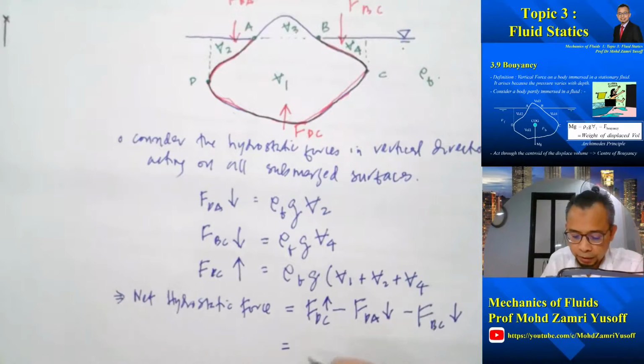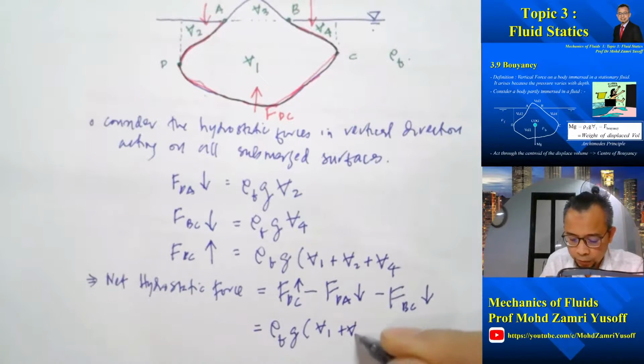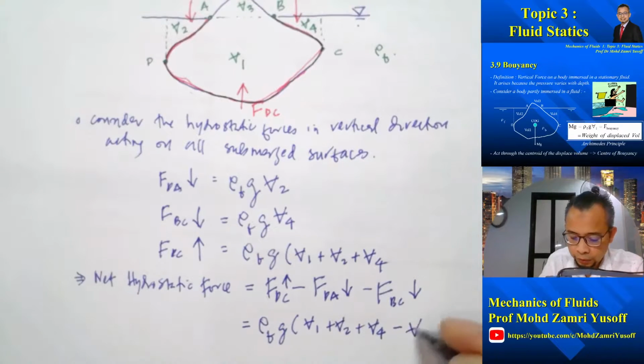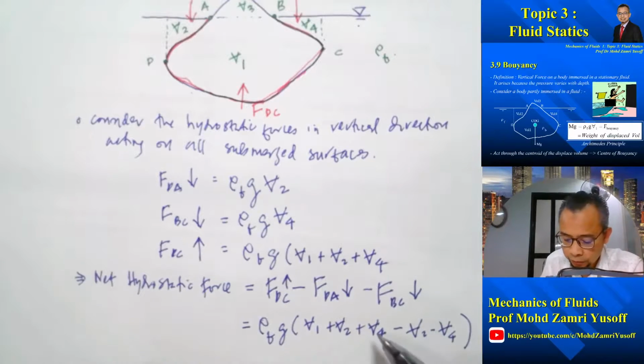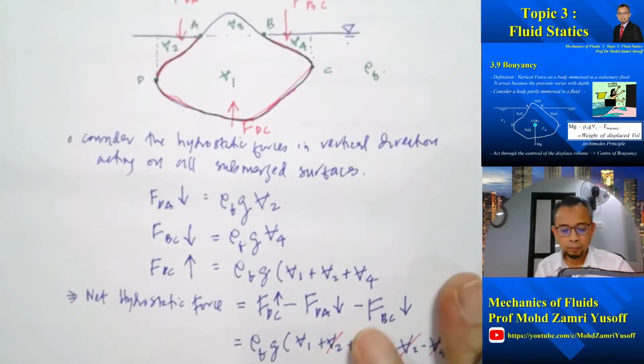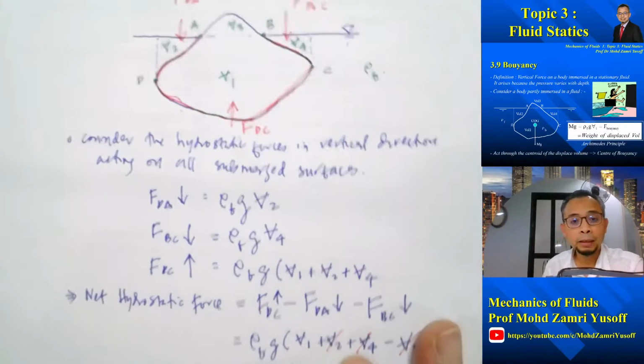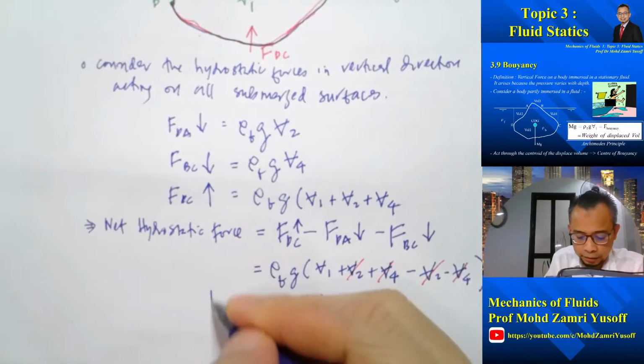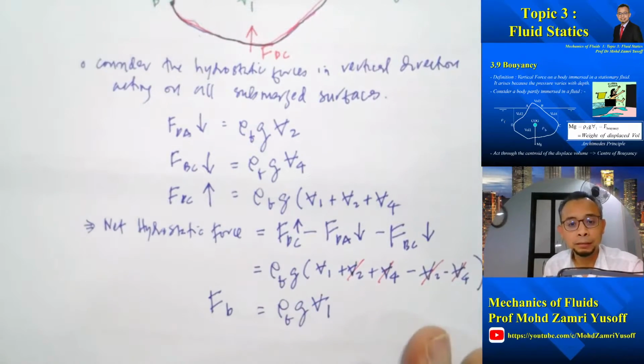So that gives me rho_f g times (V1 plus V2 plus V4, then minus V2 minus V4). So V4 and V4 cancel, V2 and V2 cancel. So I have rho_f g V1. And this is actually what we call buoyancy.